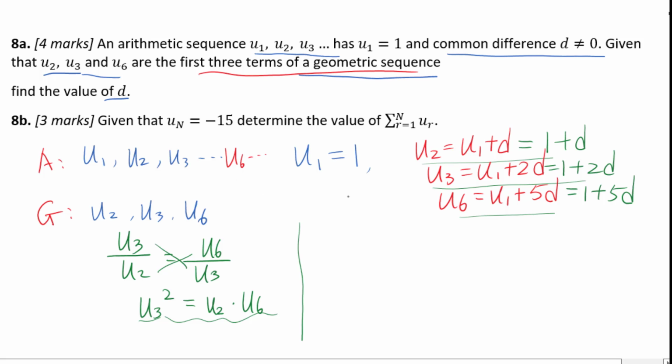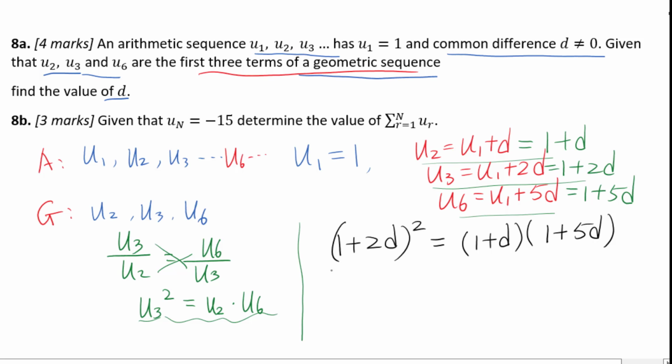U sub 3 squared, that is 1 plus 2D squared, equals U sub 2, that is 1 plus D, times 1 plus 5D.